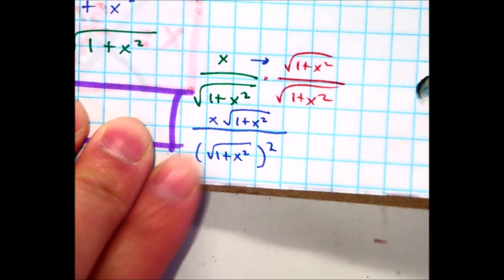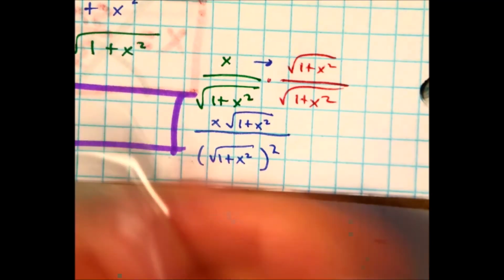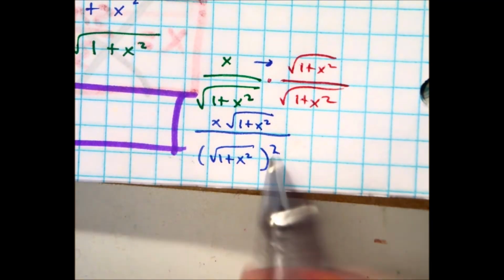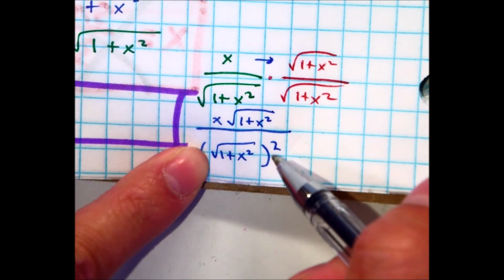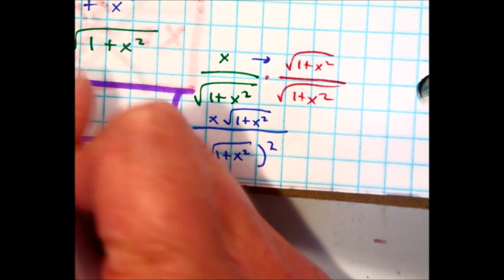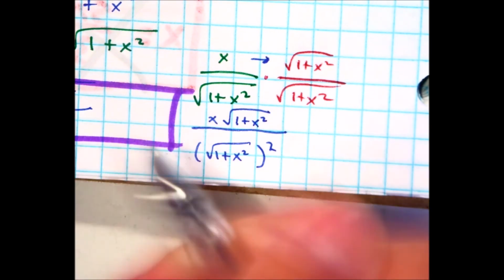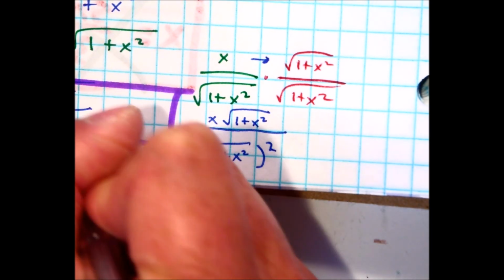I have two of those by multiplication. Well, the great news is the exponent and the radical cancel. So my answer is 1 times the square root of 1 plus x squared all over 1 plus x squared.